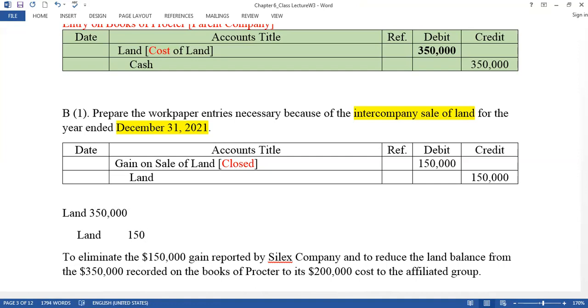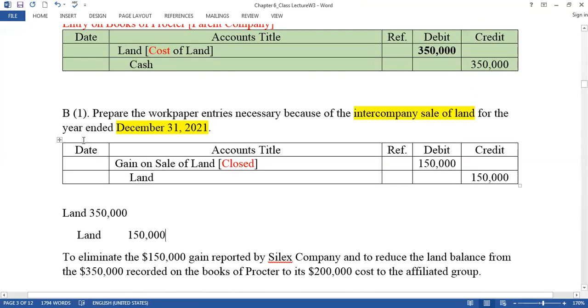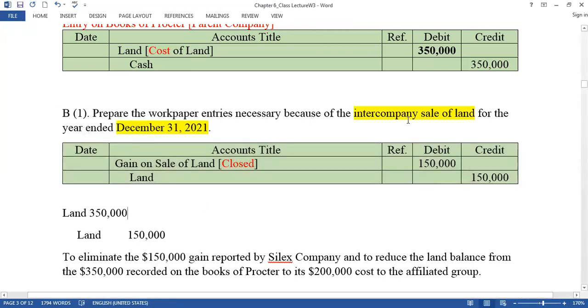Now, if I ask you the balance, what is the land balance now? The land balance now is $200,000, right? Yes. So this is the journal entry that I will ask you for in your exam, to prepare the work paper necessary because of the intercompany sale of land. When? December 31st, 2021. Clear?